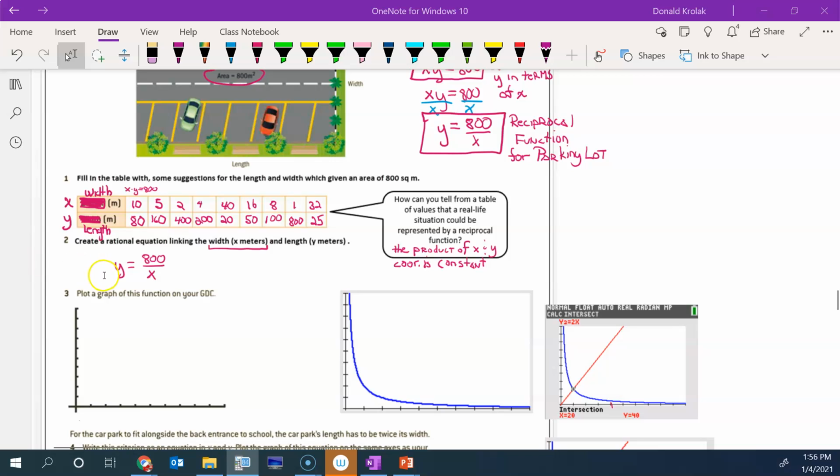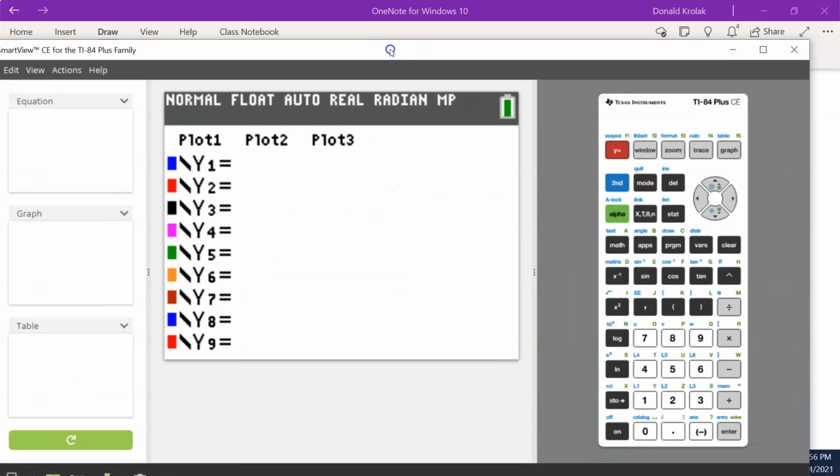All right, so now what you're going to do is go to your calculator, and like I said, my calculator's acting weird right now. Let me reset it. Oh, got it to work. Okay.